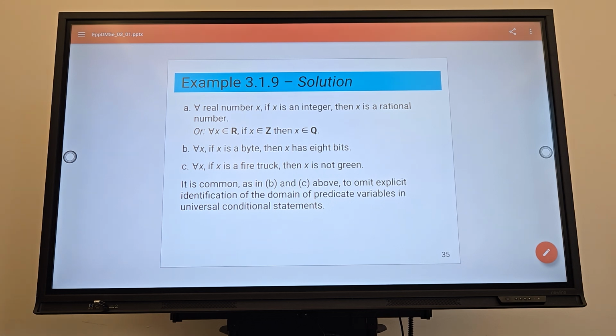For all real numbers x, if x is an integer, then x is a rational number, that symbolic statement there. If x is a byte, then x has 8 bits. For all x, if x is a fire truck, then x is not green.